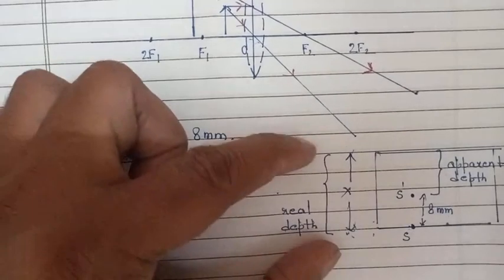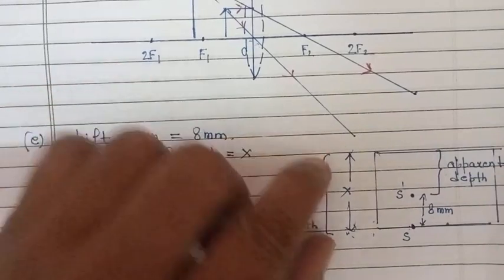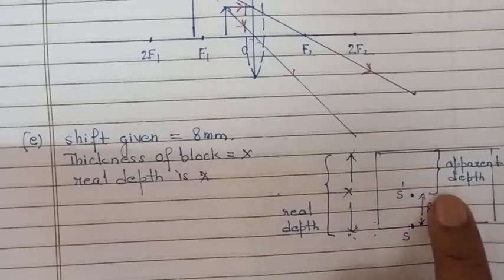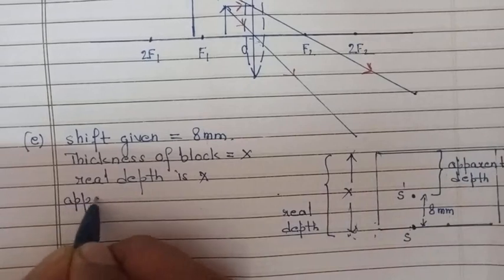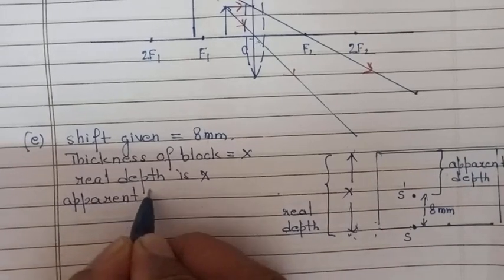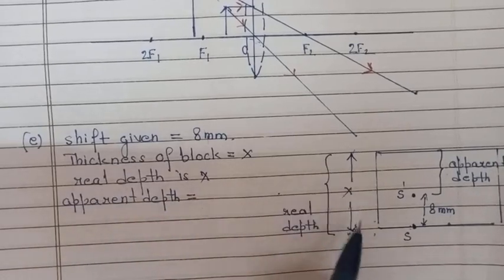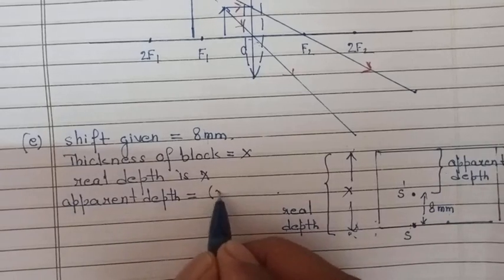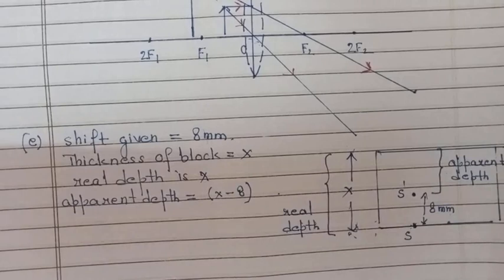See, in the diagram real depth is known. We have taken the real depth as X. Shift is 8. So can we get the apparent depth? Yes, we can. If from the real depth I subtract the shift, then I will get the apparent depth.